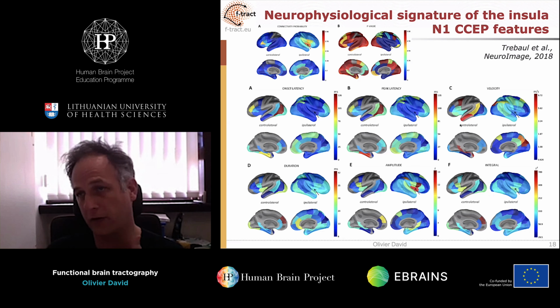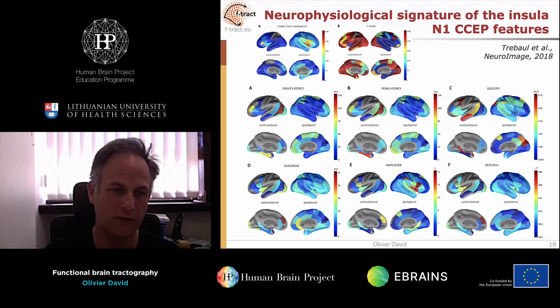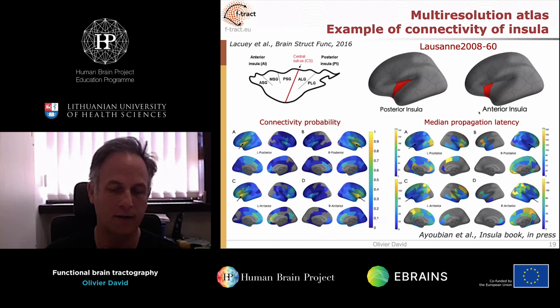If we have the distance between the electrodes and the latency of propagation, we can also compute the velocity of the neuronal signals in meters per second. And so we see here the velocity of the connectivity from the insula towards the other areas. So that is the kind of map that you can get.